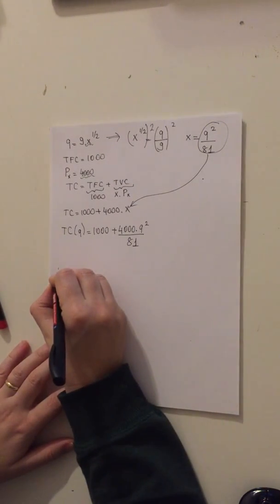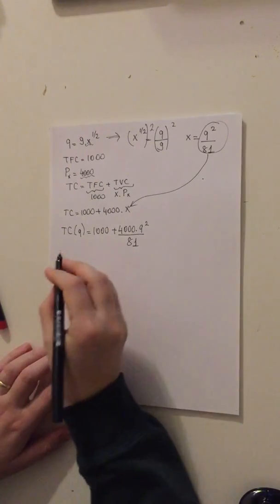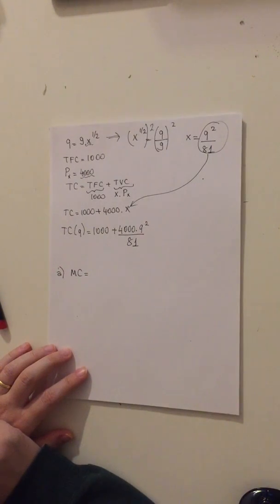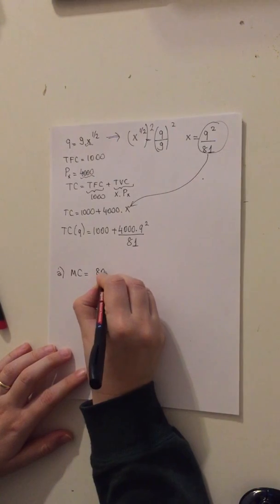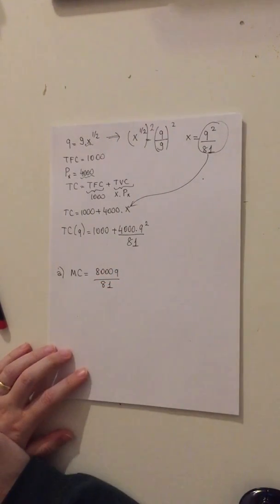And it is asked in question A, write down the equation for the supply curve. For the supply curve, we need the marginal cost function. The marginal cost function is 8,000 Q over 81, right?